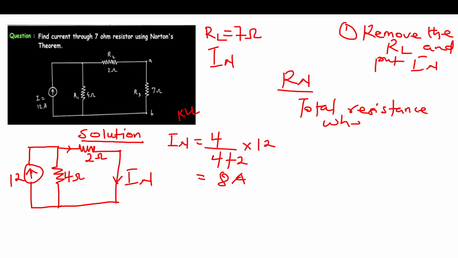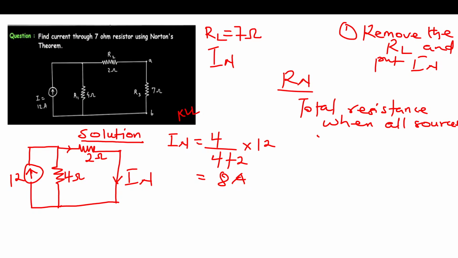You can't find your RN keeping the sources inside. For example, voltage sources do have internal resistance, which may practically affect your total resistance. So it is very important you don't forget this rule.